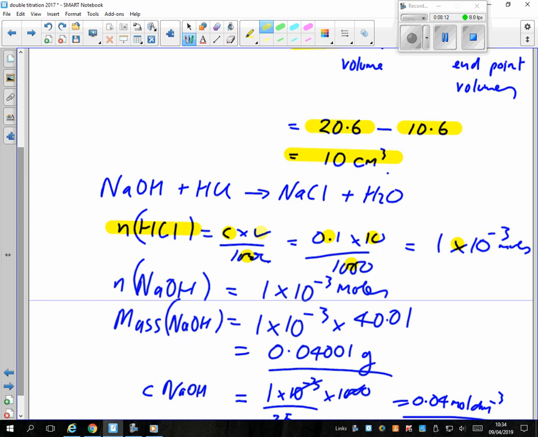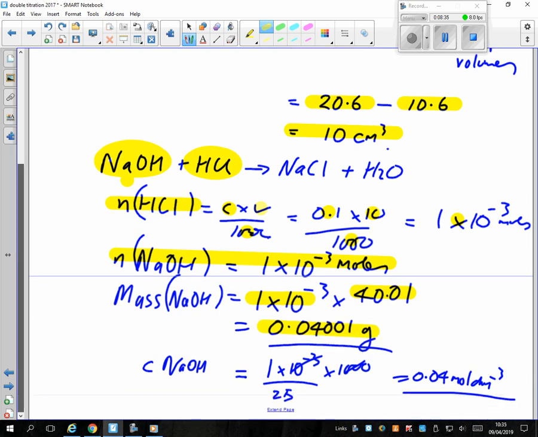From the equation, the number of moles of sodium hydroxide is the same as the number of moles of HCl. All right, so there we are. We've got the number of moles of sodium hydroxide. If we want to find its mass, number of moles times MR, which happens to be 40.01 for sodium hydroxide. So you should get something around about there, guys. It won't be exactly the same as mine.